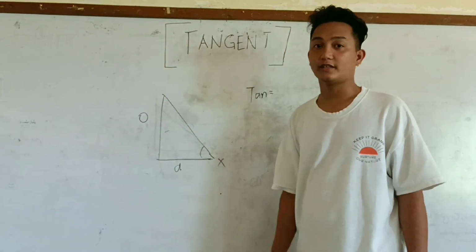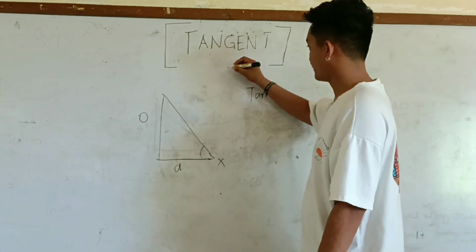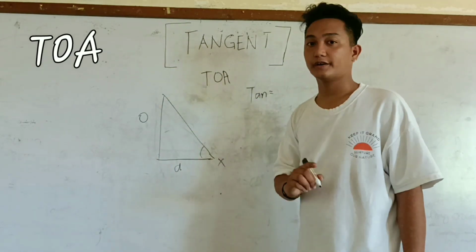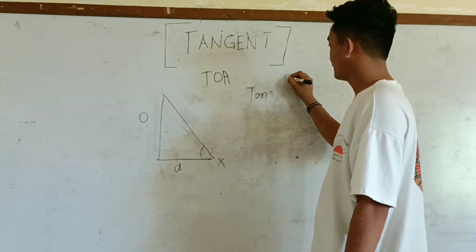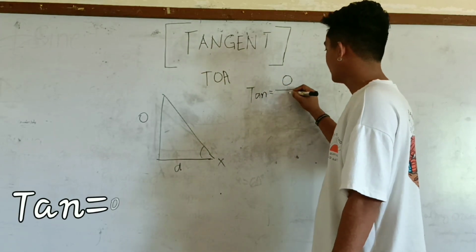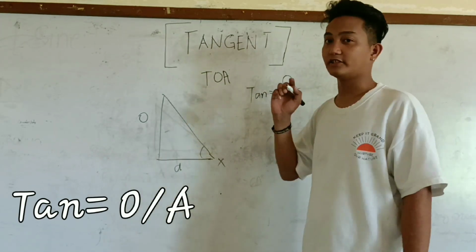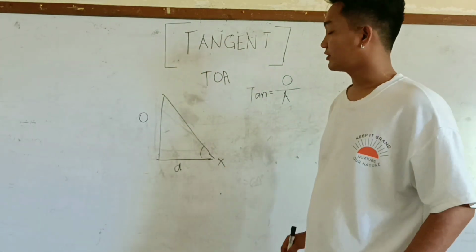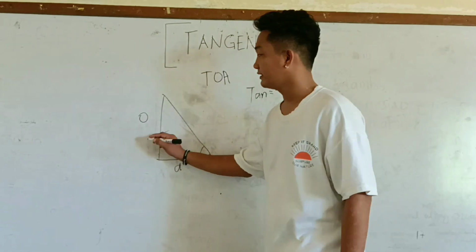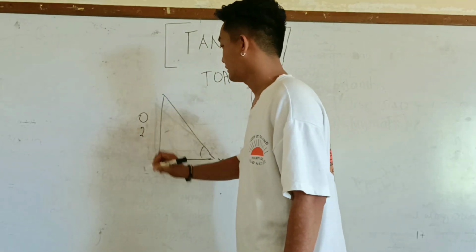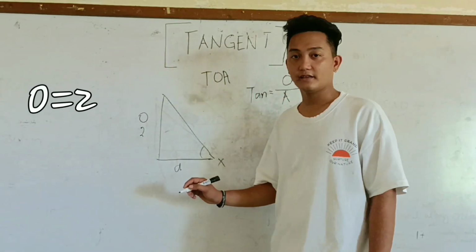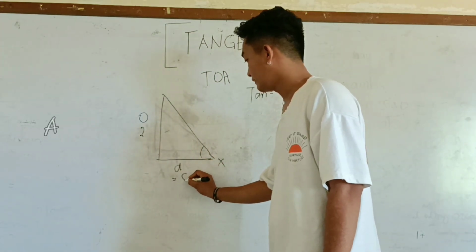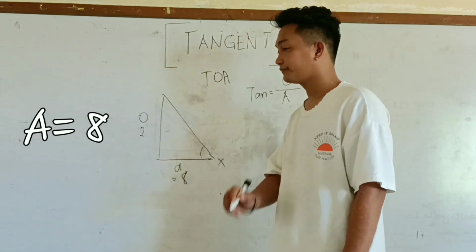And then we can use the TOA formula, which stands for tangent is equal to opposite over adjacent. Given that our O here is equal to 2, and our A, or adjacent side, is equal to 8.